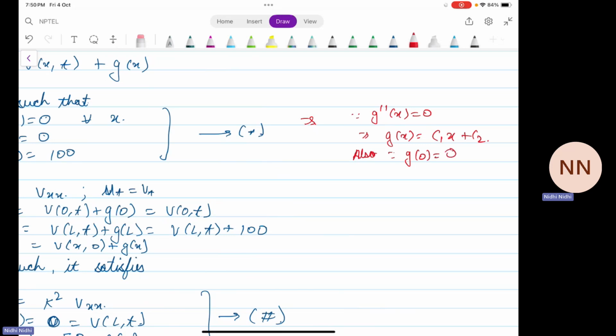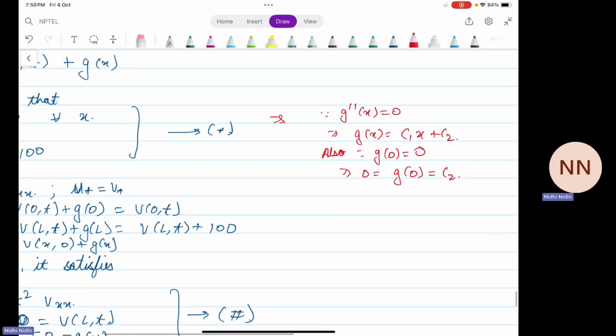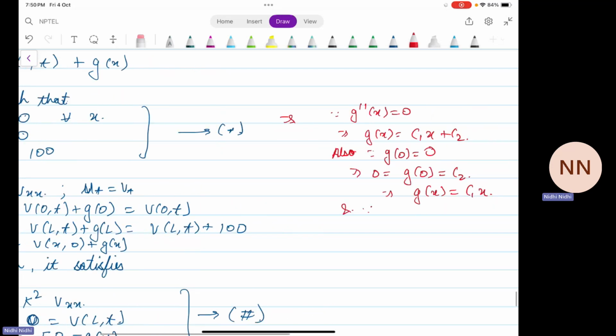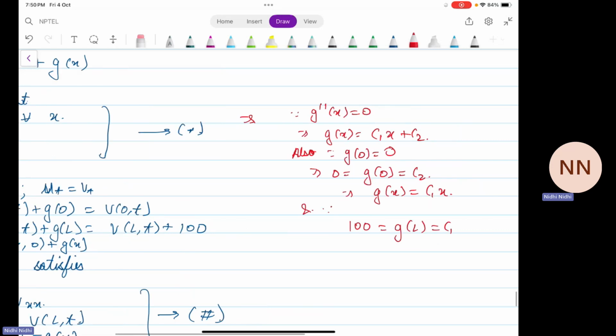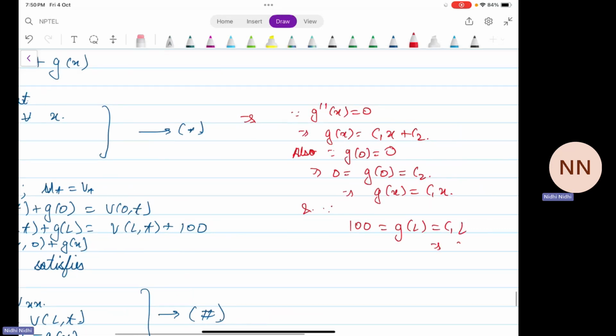This gives us 0 is equal to G(0), which is equal to C2. That means C2 is 0. This implies G(x) is just C1 x, and since 100 is equal to G(L), which is equal to C1 L, we have C1 equals 100 by L.